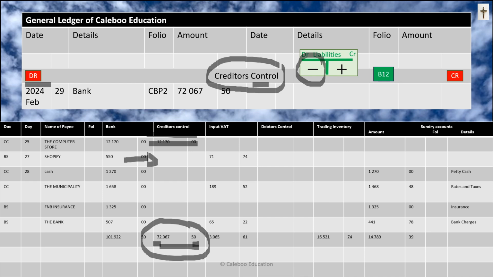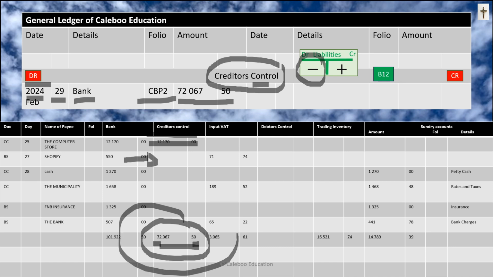And the same as per norm, the date, the last day of the month. Remember, February 2024 is a leap year, so there are 29 days in the year. Under details, bank. Where did we get the information from? The Cashbook payments, and what was the amount?